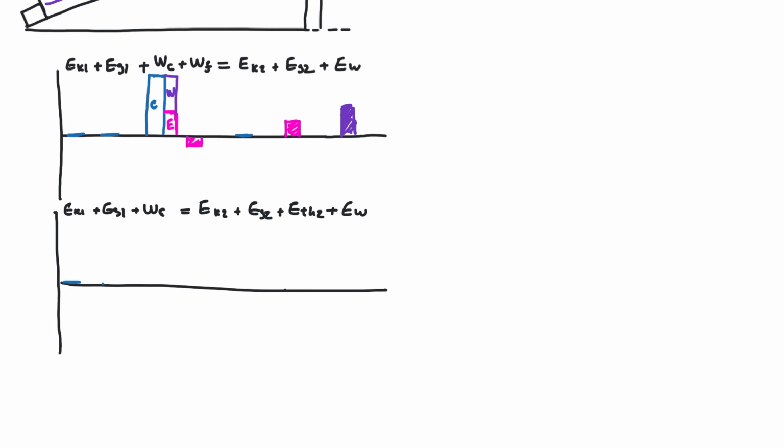Kinetic energy and gravitational energy at stage 2 are all 0. WC is going to be very large. 30% of it is actually going to go to the engine. The rest of it is going to go to waste. So same thing, nothing has changed so far.